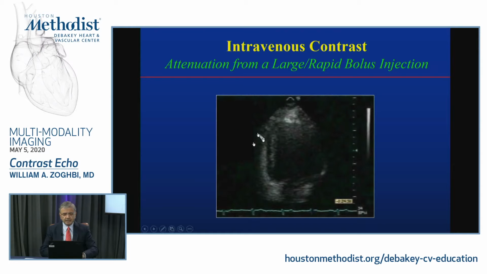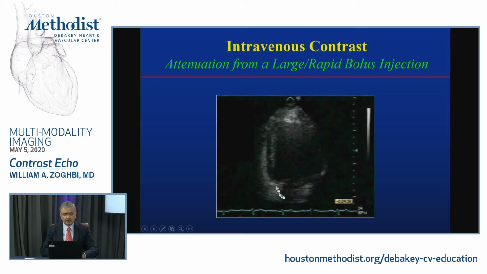So let's go through this example here. On the left here is your right ventricle. Now, interestingly enough, when you inject contrast, you're going to see mostly a sliver of this right ventricle early on. Why? Because the high concentration is in the right ventricle and the ultrasound beam is coming this way. So if the high concentration is here, you're not going to see much behind it.